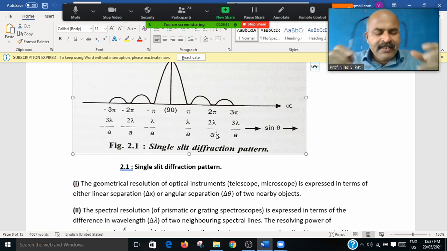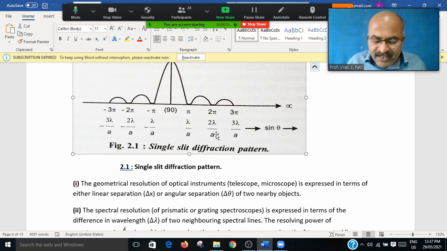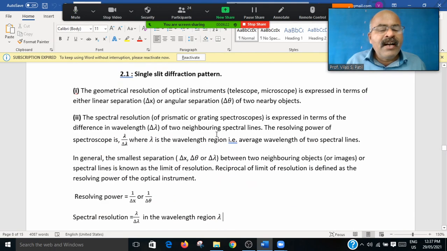Second is the spectral resolution, which applies to the prismatic grating or the grating spectroscope. There are different spectrometers, and in terms of the spectrometer we have to express the spectral resolution. That is how two lines, two colors, yellow 1 and yellow 2, are just separated.